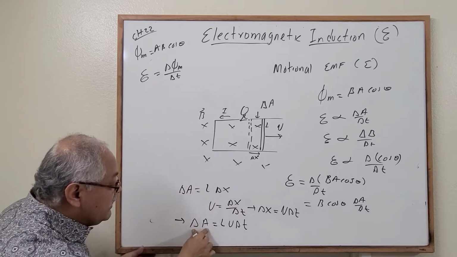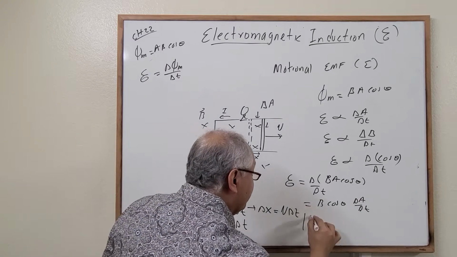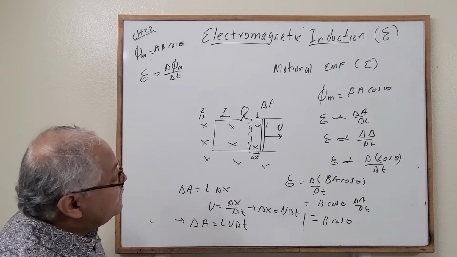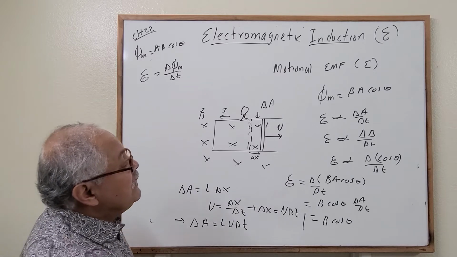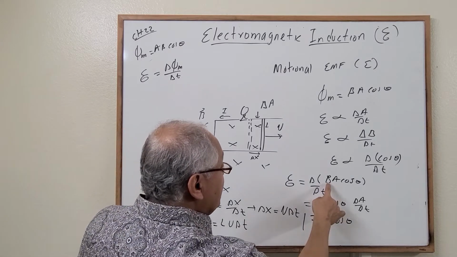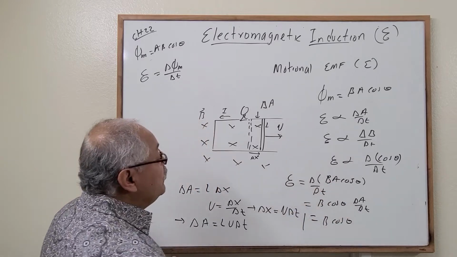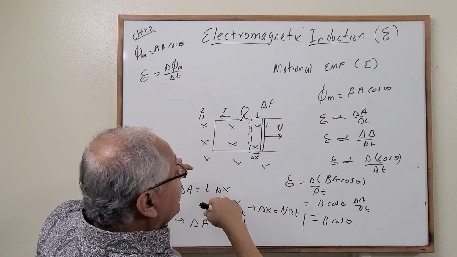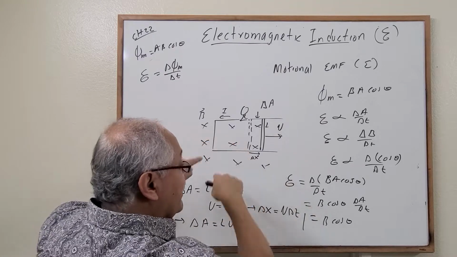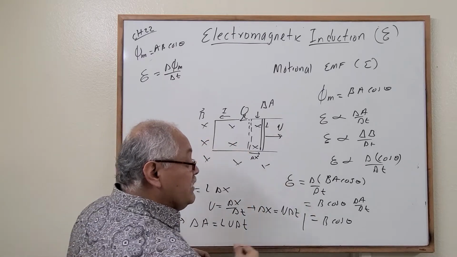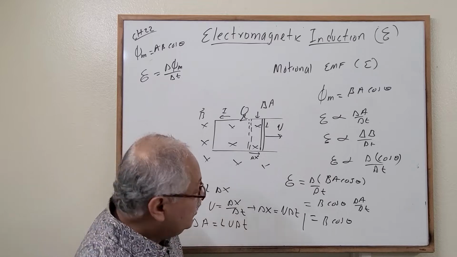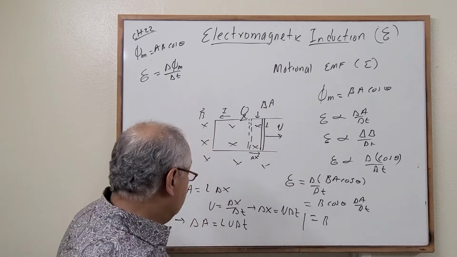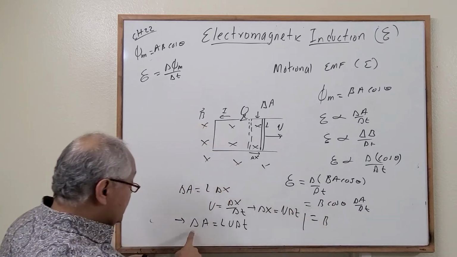Let's plug this value right here, and what do we have? This equals v cosine theta. By the way, what is the angle between? This is the angle between v and area. The angle between v and area is 0, right? These are parallel. So cosine 0 is 1. We can just make this 1, and let's substitute the value of the change in area.